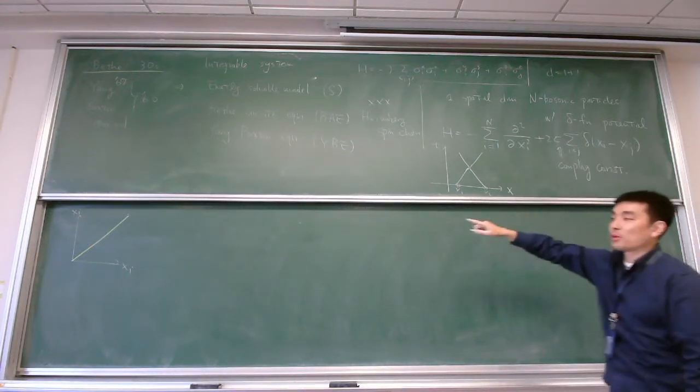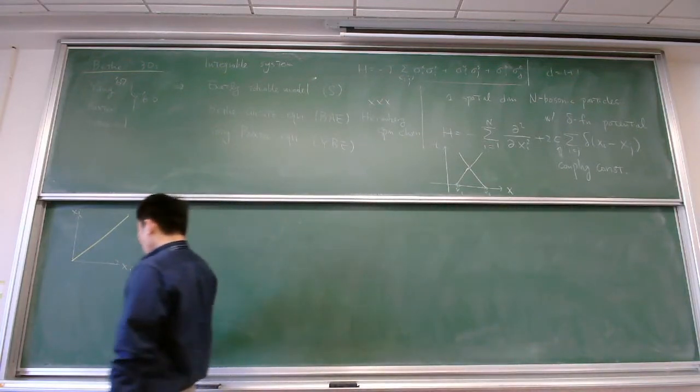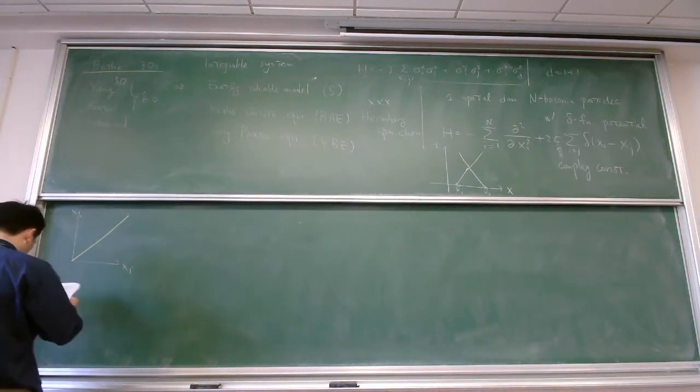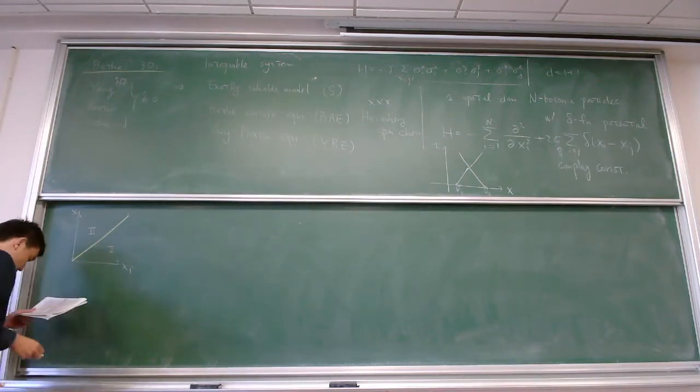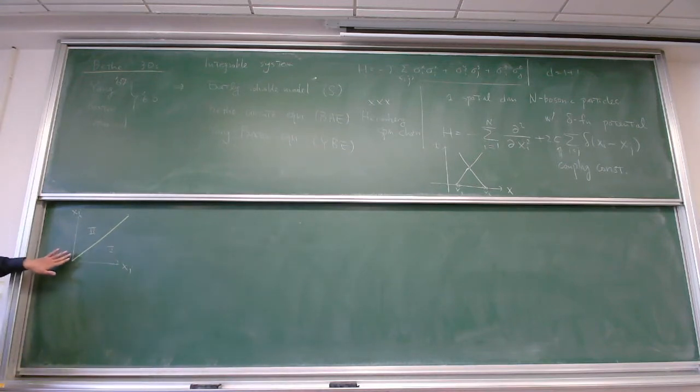So something special happens in diagonal part. And I call this part region 1. Region xi is less than xj is region 1, and region 2. So here something becomes discontinuous due to delta function.